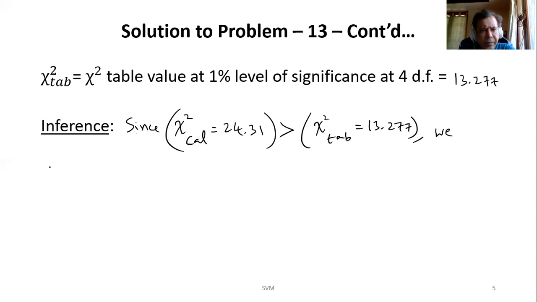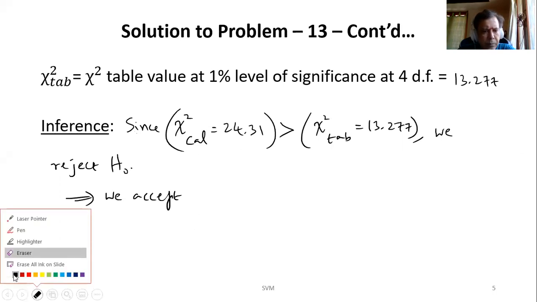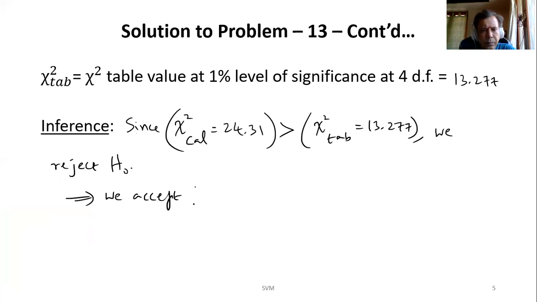We reject null hypothesis, means we accept alternative hypothesis. Means those two attributes are not independent. That is the conclusion what we are going to take.